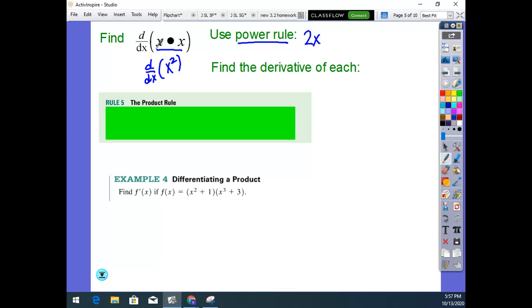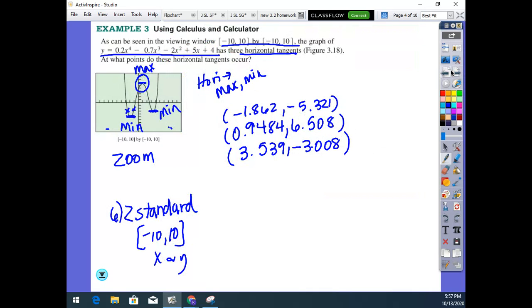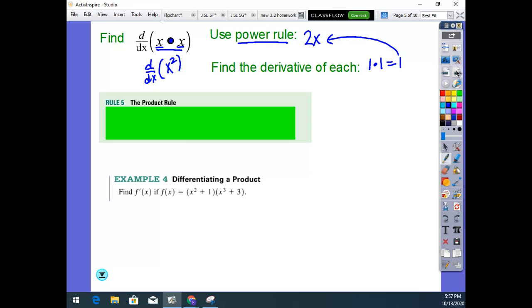If we look at the derivative of each one and multiply it, that would be 1 times 1, which is 1. Notice these are not the same. There is no rule that says I can just multiply the derivatives. See back here? There is a sum and difference rule that we just take the derivative of each one and then add or subtract according to the equation. The product rule isn't quite so nice, but it's not awful.